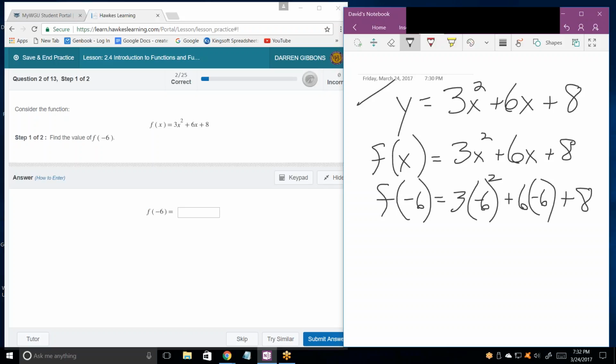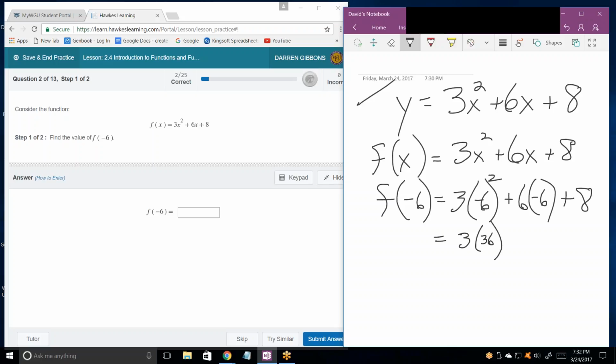So there's what I get when I plug everything in, and now simplify that. By simplifying it, get rid of the squares, do your exponentials first, and then get rid of all the parentheses. So it's minus 6 squared. 36. Okay, so that becomes 3 times 36.